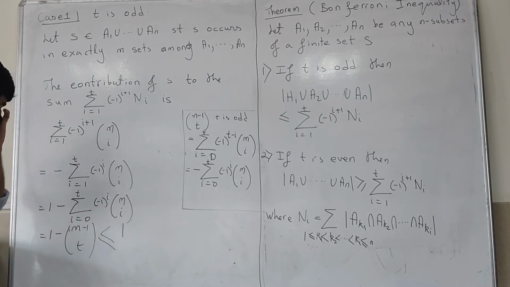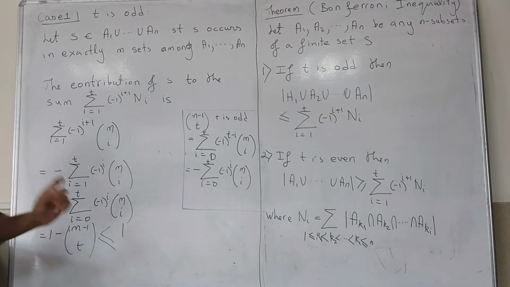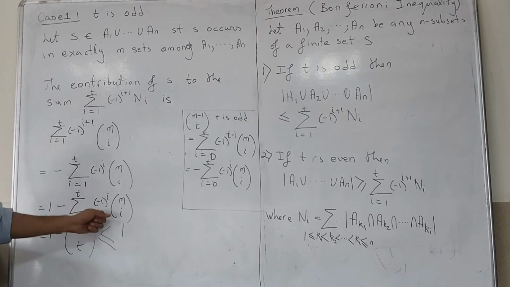Here, the zeroth term is minus 1 raised to 0 mc0, which is 1. So this 1 and this 1 would cancel out, right?